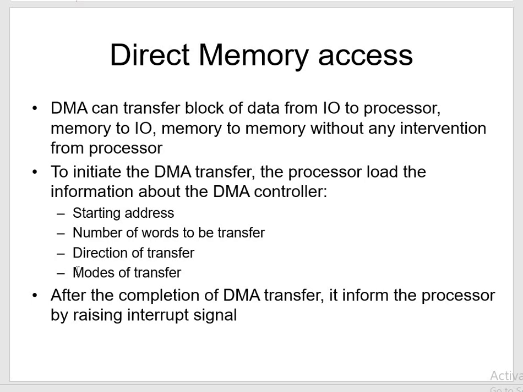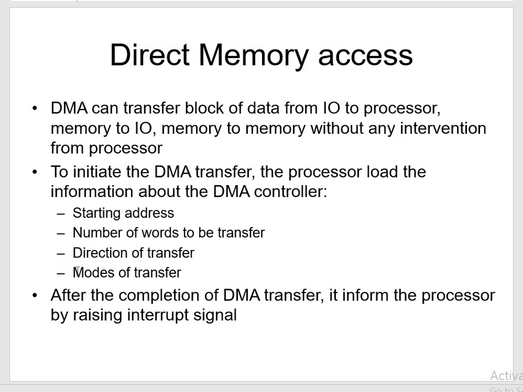Many DMAs are available in the market, and different DMAs work on different modes of transfer as well. So the selection of mode, direction of the transfer, how many words are to be transferred, and the starting address, all these things will be initially loaded within the DMA by the processor.